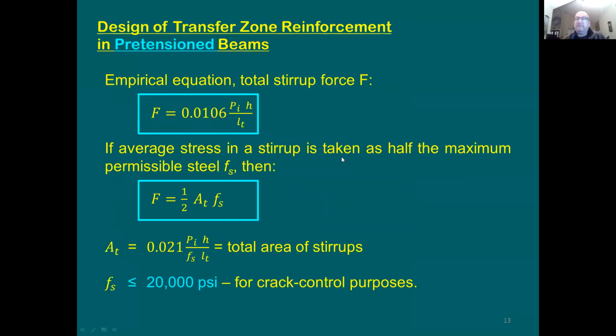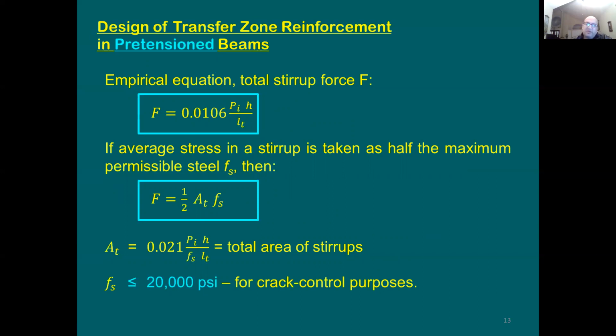Now, how do we design the ties and the stirrups at the end of the block for pre-stress, for pre-tension beams? We have this empirical equation. Empirical equation means that someone built lots of specimens for pre-stressed beams, applied a certain amount of force at the end, and was able to measure the amount of tensile stresses.